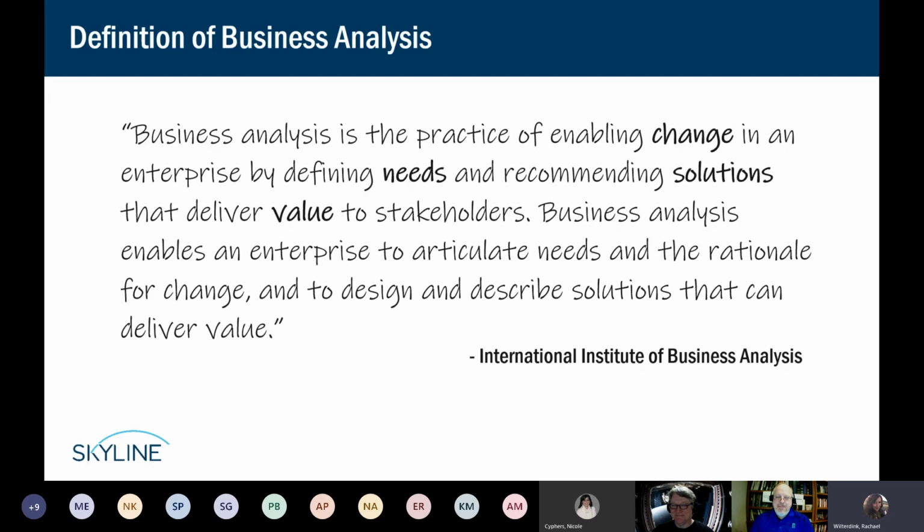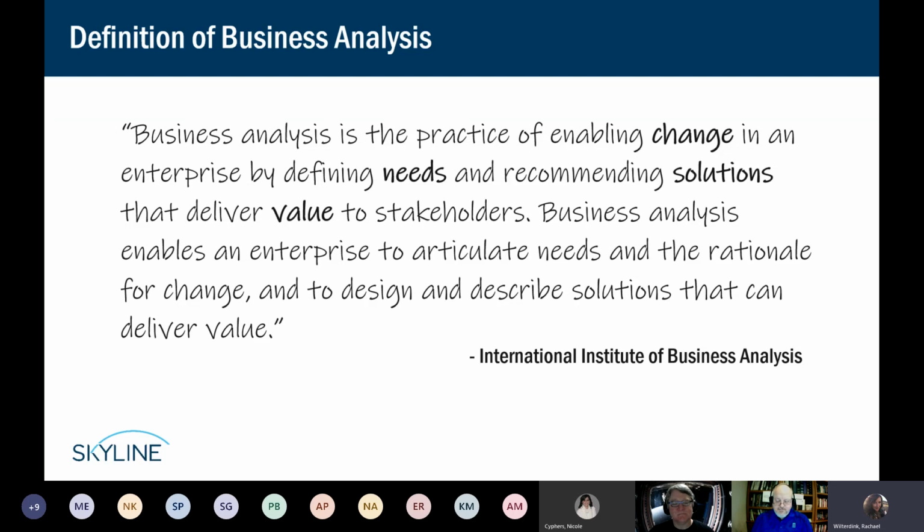All right, so this is the official definition of business analysis from the IIBA: business analysis is the practice of enabling change in an enterprise by defining needs and recommending solutions that deliver value to stakeholders. In the most recent older version of the BABOK, which is the BA Book of Knowledge, the definition was actually quite different.